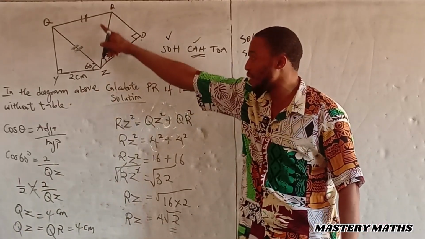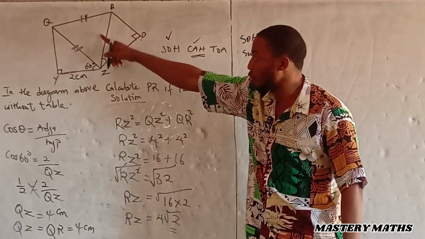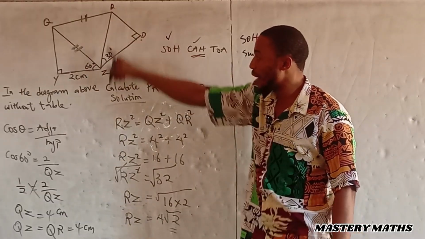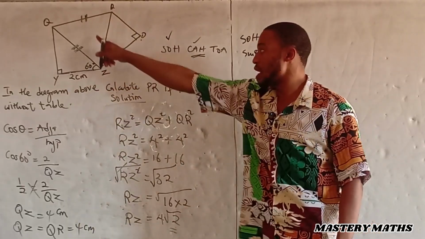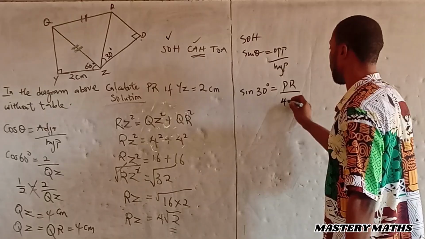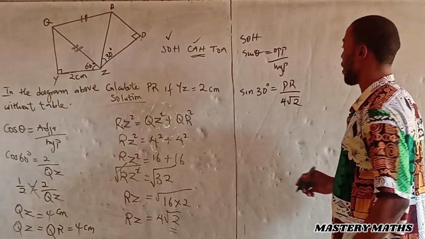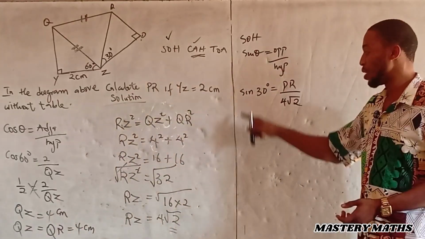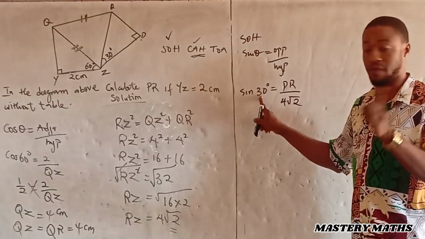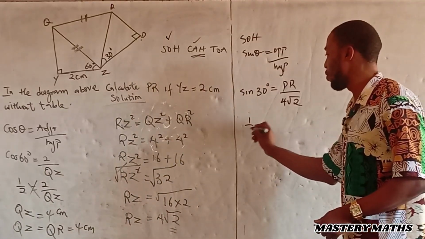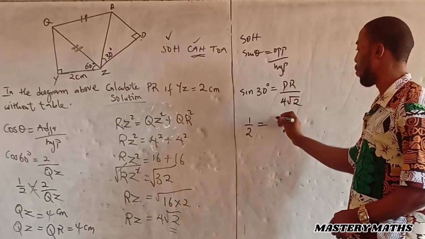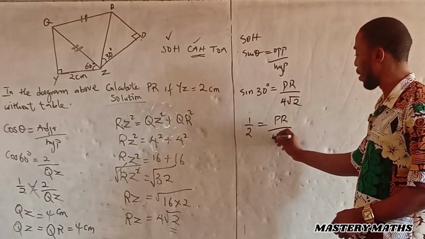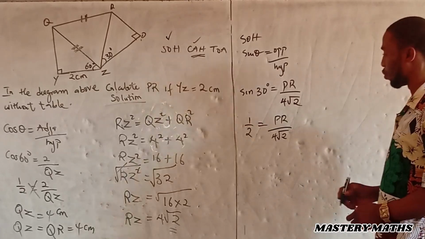Our hypotenuse is the 4 root 2, which is the RZ. Now, according to the special triangle in trigonometry ratio, sine 30 is half, 1 over 2. So you have 1 over 2 equal to PR over 4 root 2.